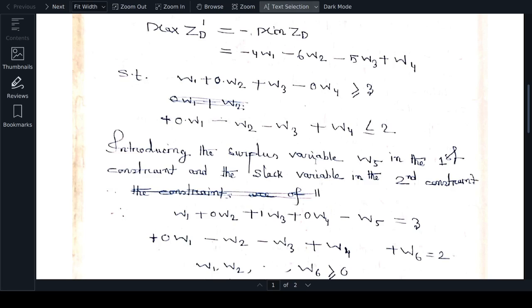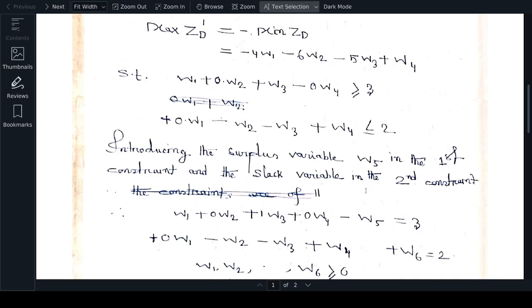In the simplex method we always make the right side positive by multiplying by minus 1, so the inequality changes: 0 into W1 minus W2 minus W3 plus W4 less than or equal to 2.